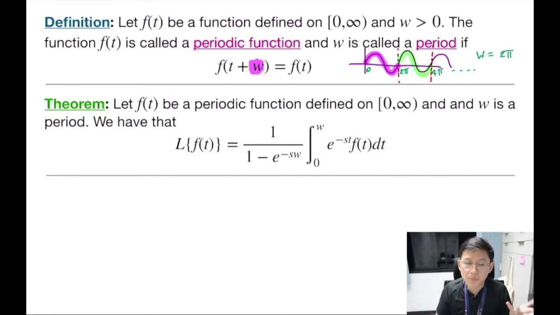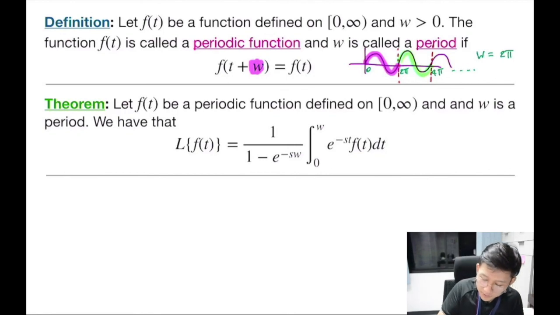For example, if t is pi over 4, which is probably somewhere here, and if t is pi over 4 plus 2 pi, it's going to be somewhere here.